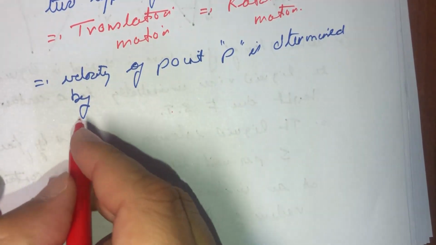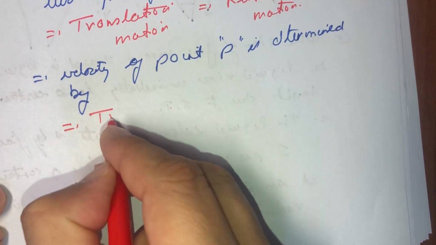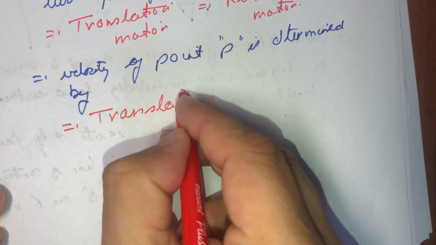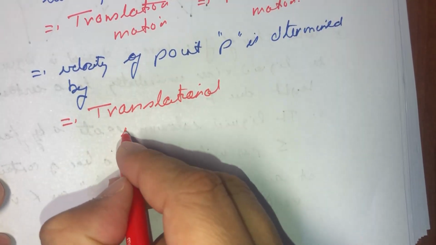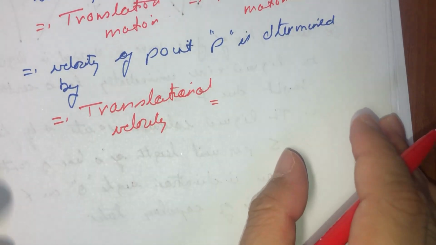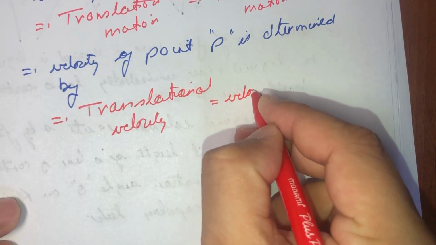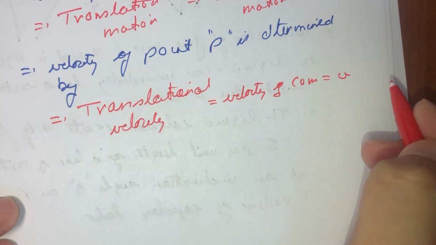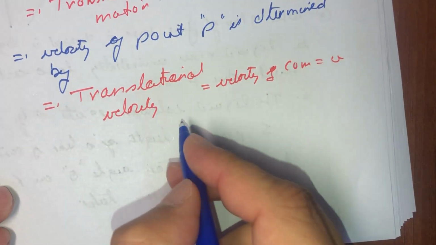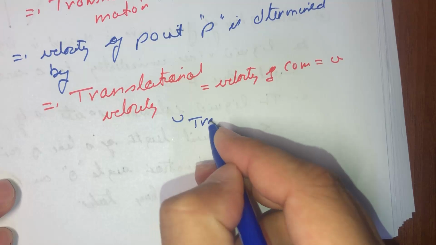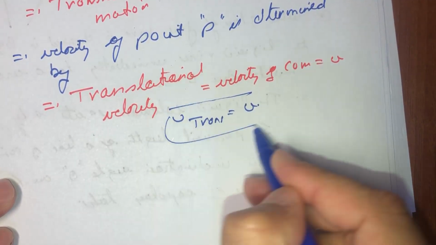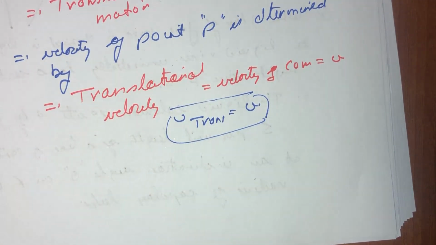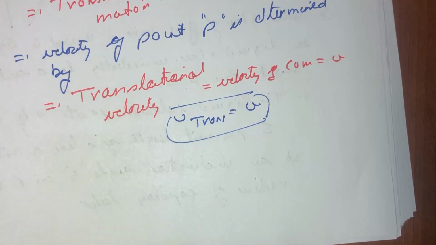Translational velocity will be the velocity of center of mass, which is given as V. Therefore, V translational will be equal to the velocity of center of mass, and the rotational velocity will be depending upon the angular velocity omega and the position of point P with respect to center of mass.